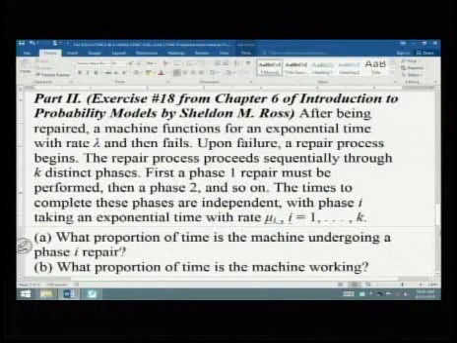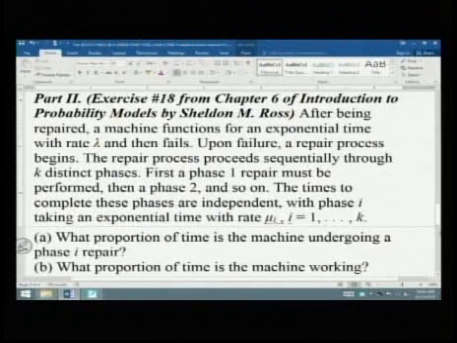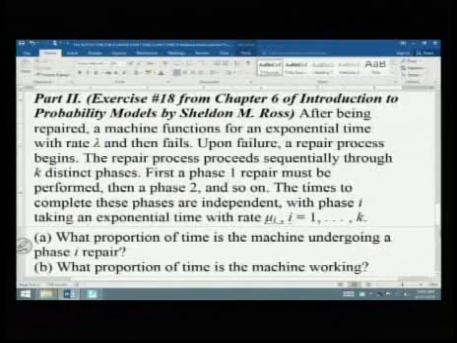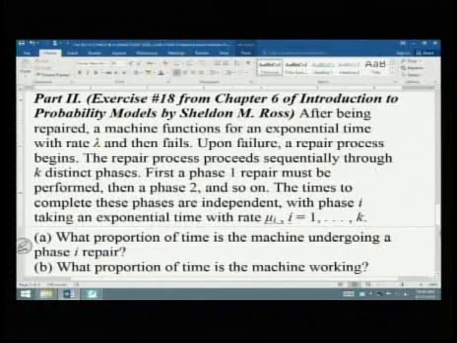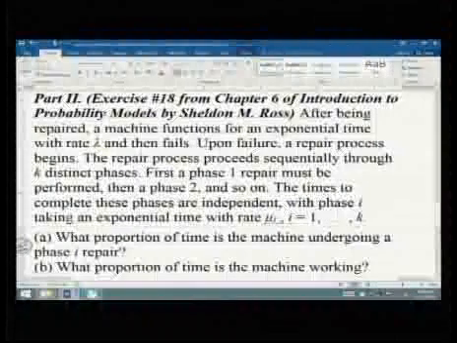The times to complete these phases are independent, with phase i taking an exponential time with rate mu i, and i can take the values from 1 to k. Okay? And we'd like to know what proportion of time the machine is undergoing a phase i repair, and the proportion of time the machine is working. Okay?